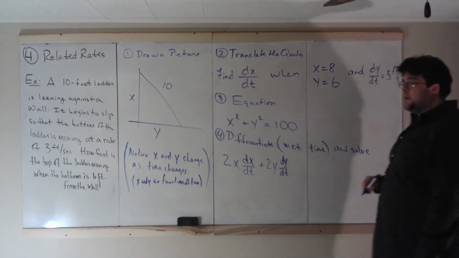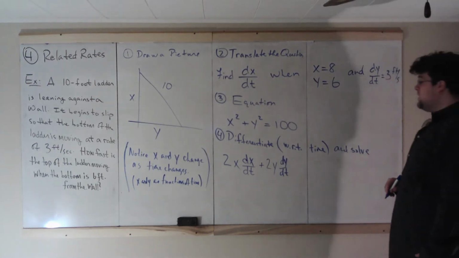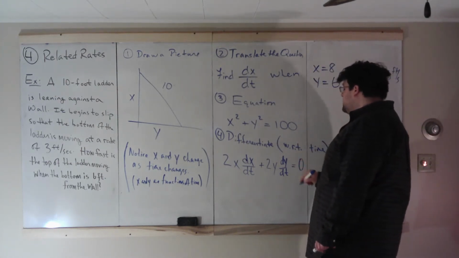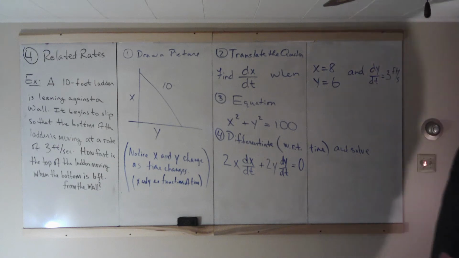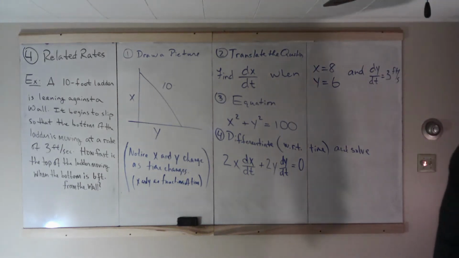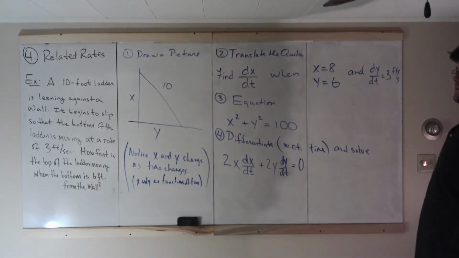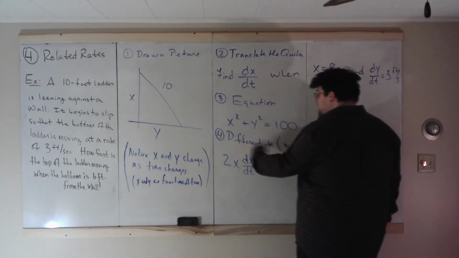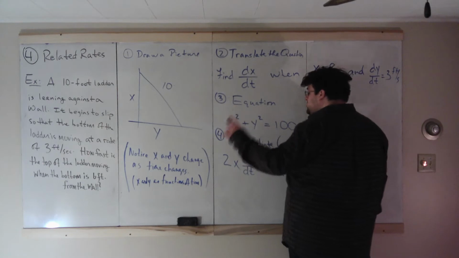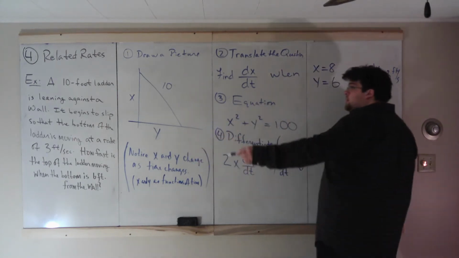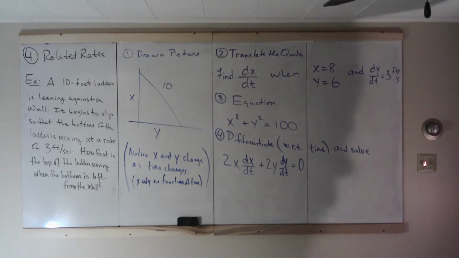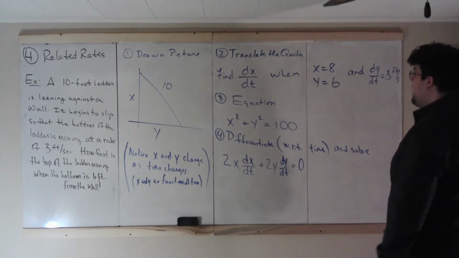Derivative of y with respect to t is dy/dt, equals, how is 100 changing as time is changing? Well, 100 doesn't change as time is changing. 100 is 100. Well, now we have this equation, and again, power rule to get the 2x, and then chain rule to get dx/dt, because x is a function of time, and we're differentiating with respect to time. Well, and similarly for y.